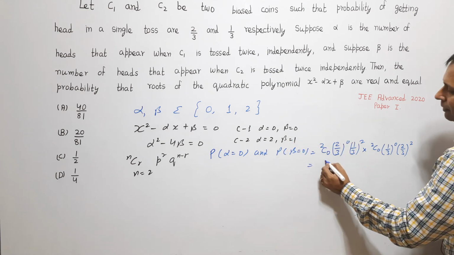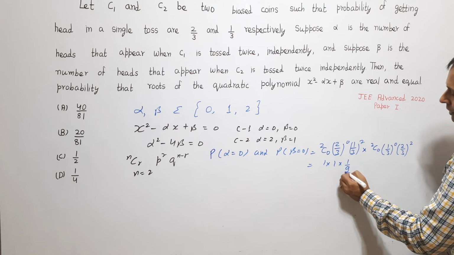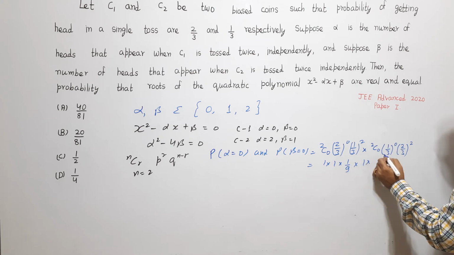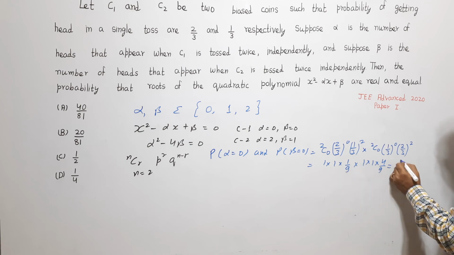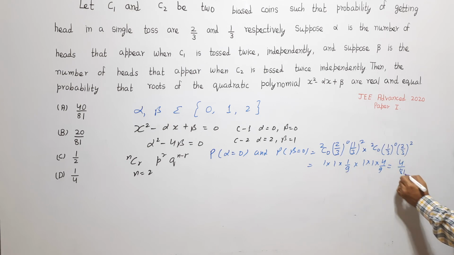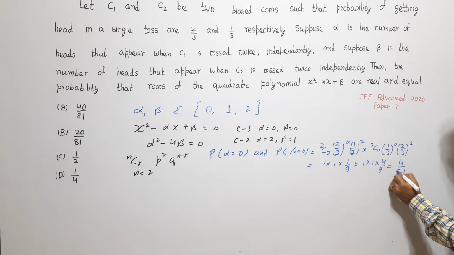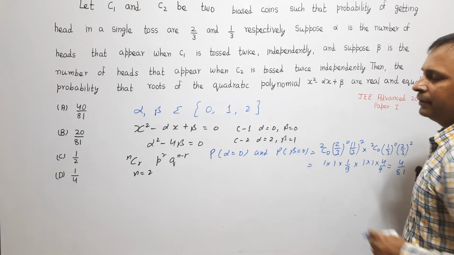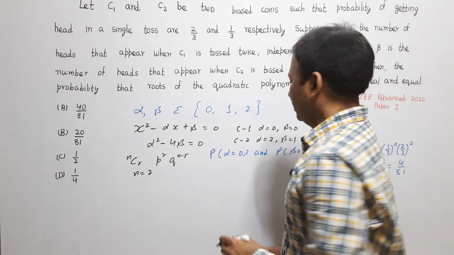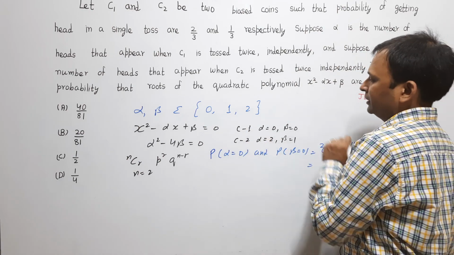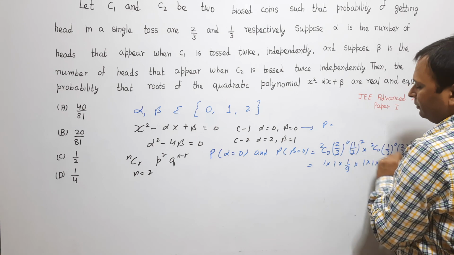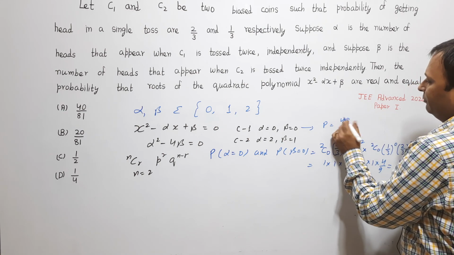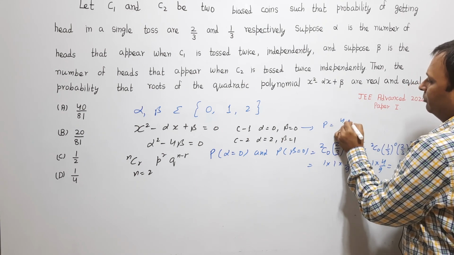So this is 1 multiplied by 1 multiplied by 1 by 9, and here 1 multiplied by 1 multiplied by 4 by 9. So this gives me 4 by 81. 4 by 81 is the probability that alpha is equal to 0 and beta is equal to 0 from case 1.